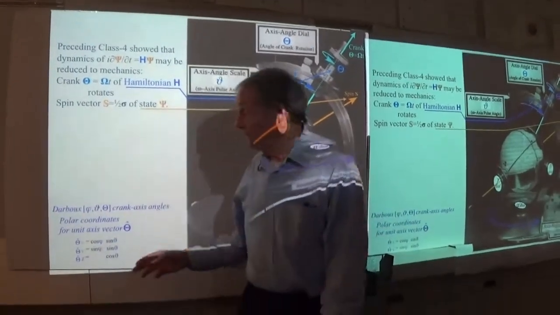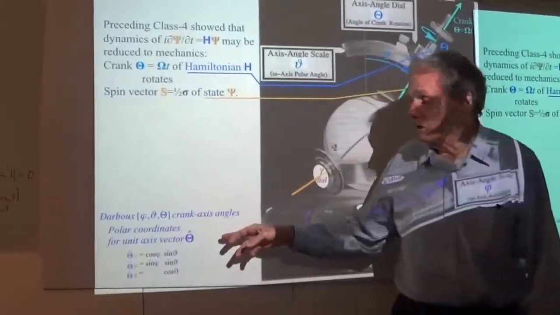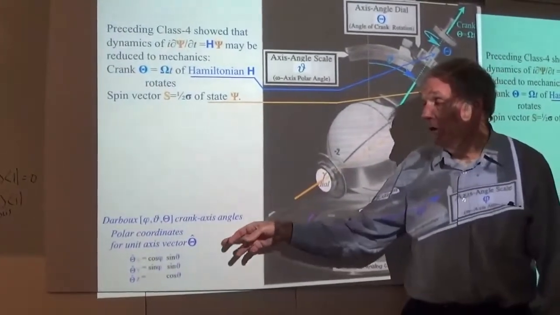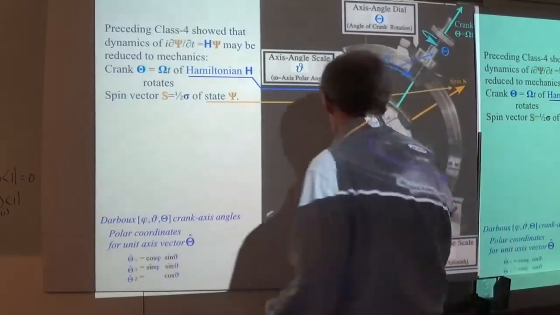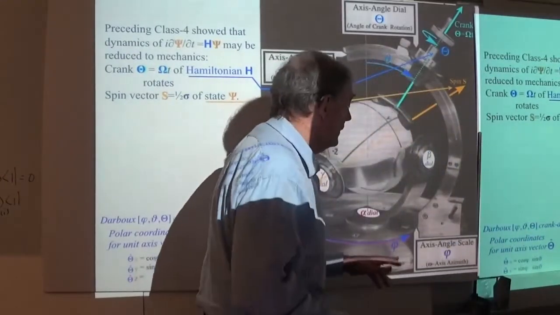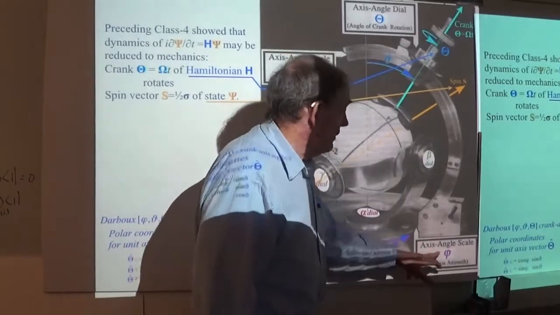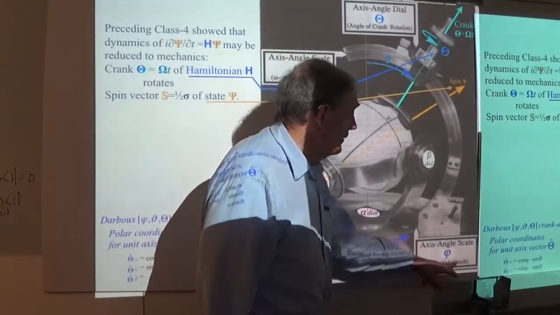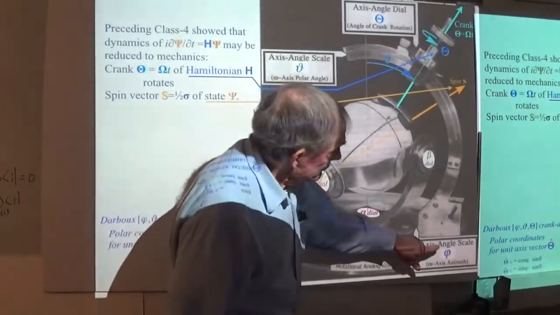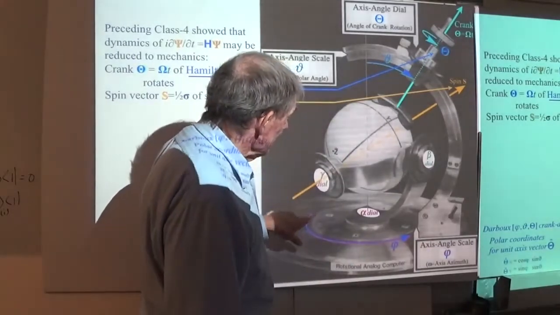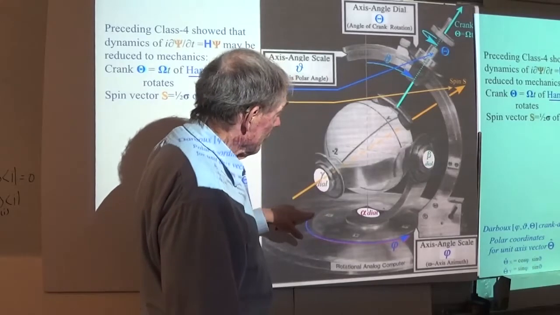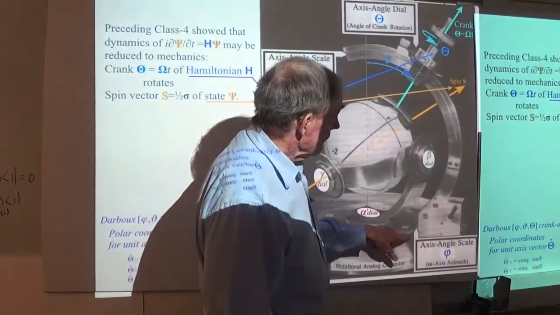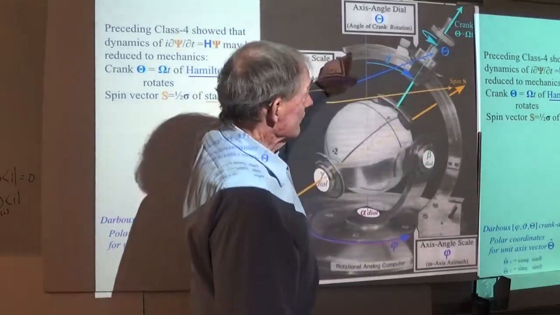I'll mention the geometer Darboux a little bit later, but those three angles, which I have chosen to be italic Greek, the axis angle of azimuth is an italic phi. It's the angle from the x-axis of the laboratory around to wherever this crank support is.